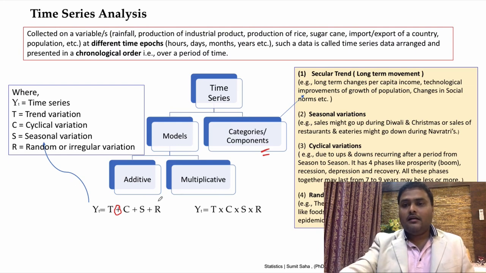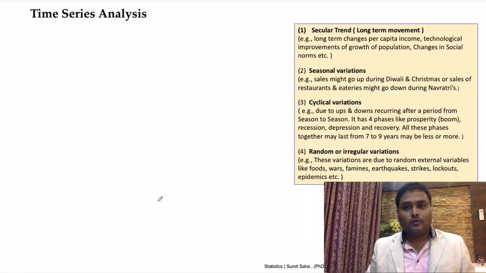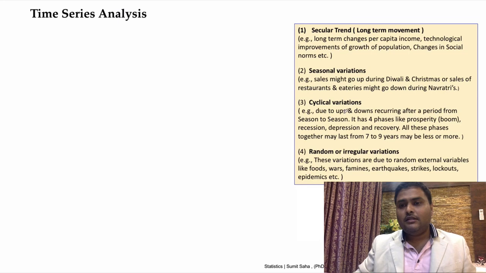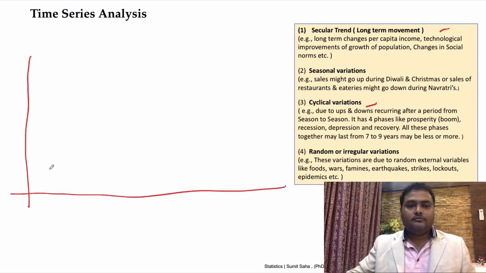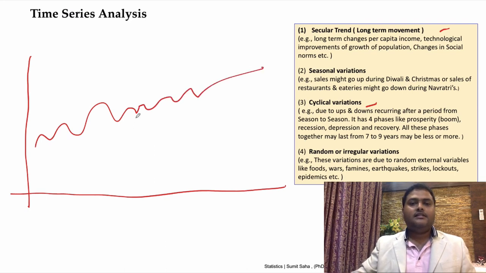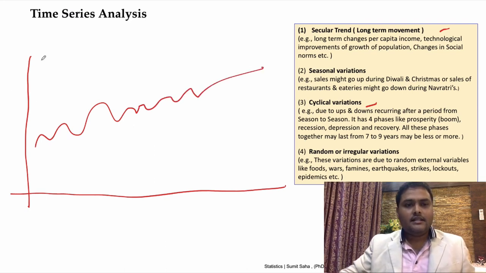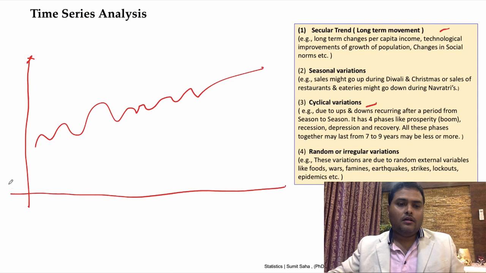Now let me take an example and explain a little bit more on this cyclical variance and the secular trend. Think that this is the sales data of Coca-Cola company.